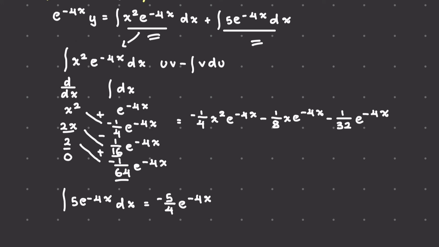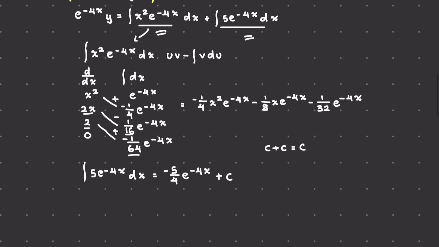And don't forget to add a constant. Just add one constant to whichever integration you want, because remember, constant plus constant is just a constant. So just add one to not confuse you later on.